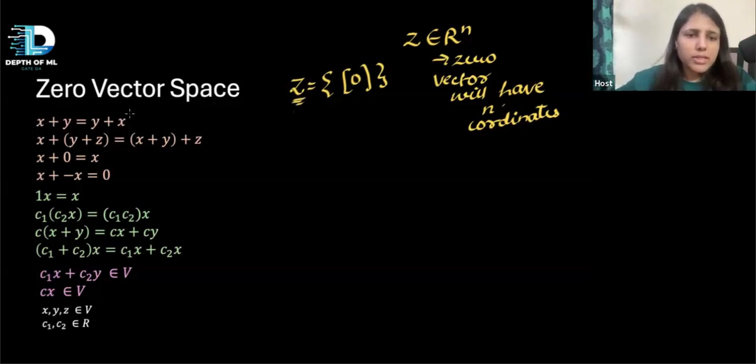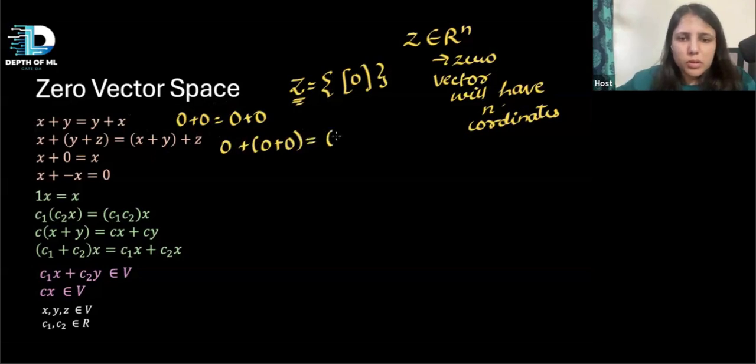So is this being satisfied? I only have a zero vector, right? So I will add zero vectors, and I can add them in any way. I can take the zero vector first or second, it doesn't matter. It will always give me a zero vector. I can also do this. Right? So this law is also satisfied.